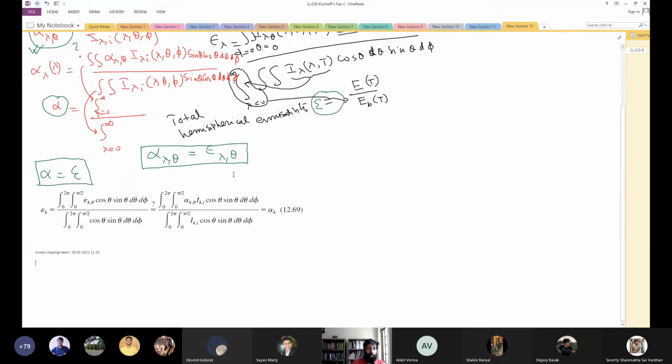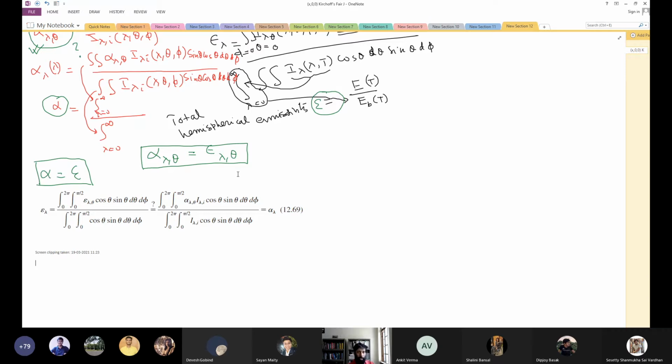So the easiest way is that if alpha lambda theta and epsilon lambda theta don't have any theta dependence, of course then alpha lambda equals epsilon lambda. That means the surfaces are diffuse. A diffuse surface means that the surface properties are not a function of the angle from which radiation falls or the angle from which radiation goes out.